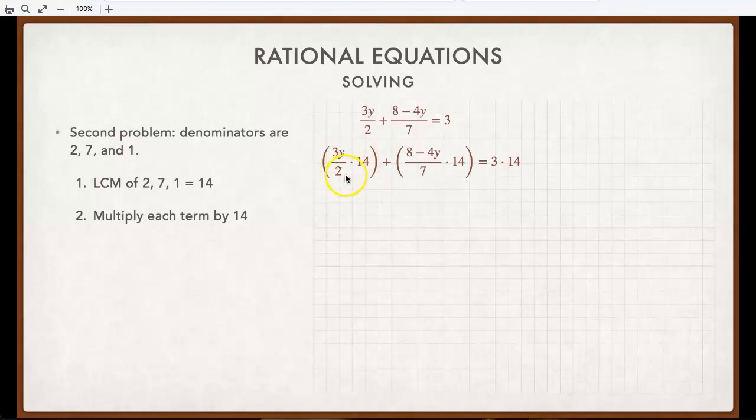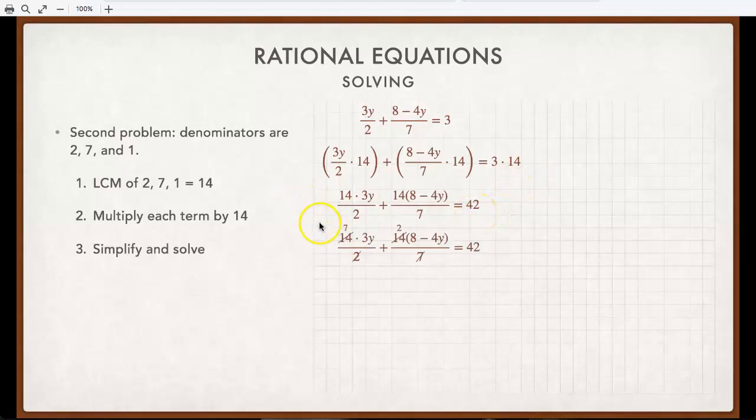So 3y over 2 times 14, we can write as 14 times 3y on the top. And similarly for the second term, 8 minus 4y, 14 times that. Remember to keep this in parentheses because it's this whole thing, 8 minus 4y, that we're multiplying by 14. We don't just multiply the 8 by 14. And then again, 3 times 14 will give us 42.